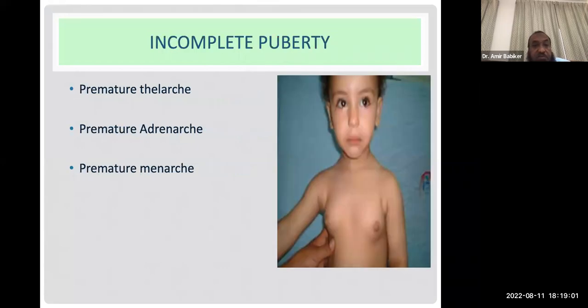أو incomplete. طيب دي patient with incomplete. الانكمبليت بنسميهم premature thelarchy adrenarchy. It is thought to be إنه في oversensitivity of the tissue كويس to low levels of or normal levels of estrogen. أو oversensitivity also in the pubic area كويس to the adrenal hormones. That's why it's called adrenarchy or pubarche.